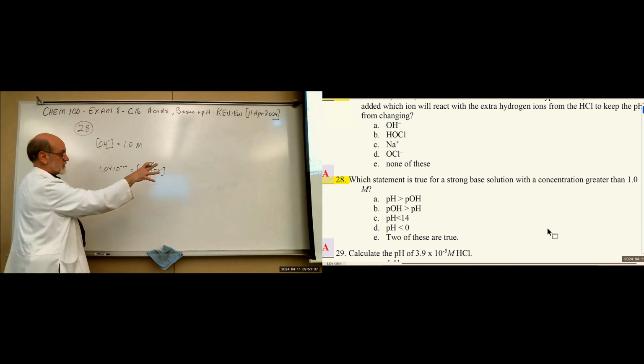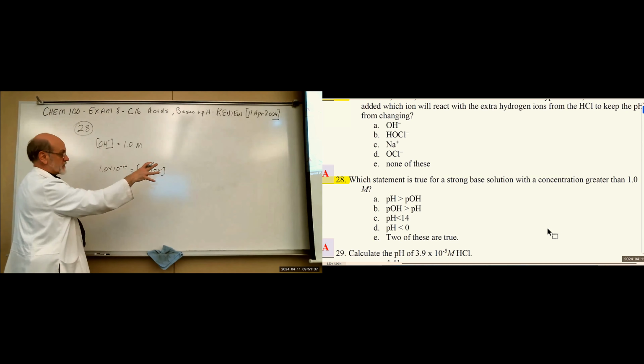So let's do the pOH. pOH equals negative log of 0.75, which is, let's see, 2 decimal places, 0.12 pOH.